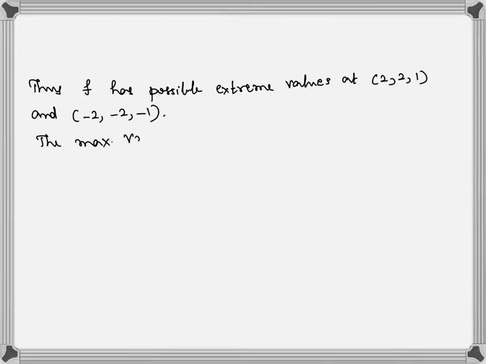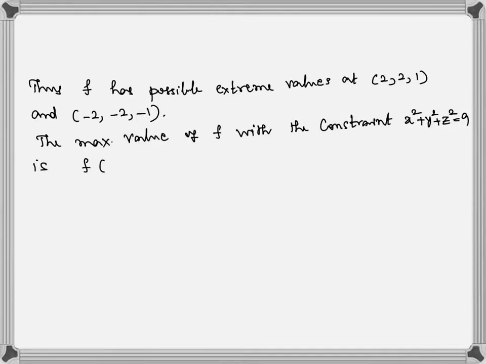So the maximum value, subject to the constraint x squared plus y squared plus z squared equal to 9, is f of 2, 2, 1, which equals 9.